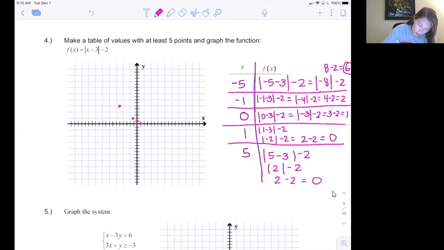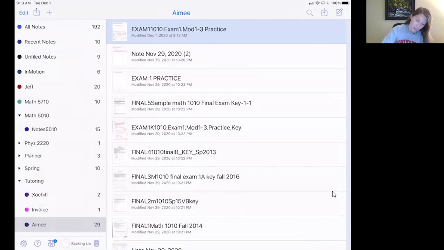Interesting. I think I messed up somewhere. 1, 2, 3, 4, 5, 0. Okay.